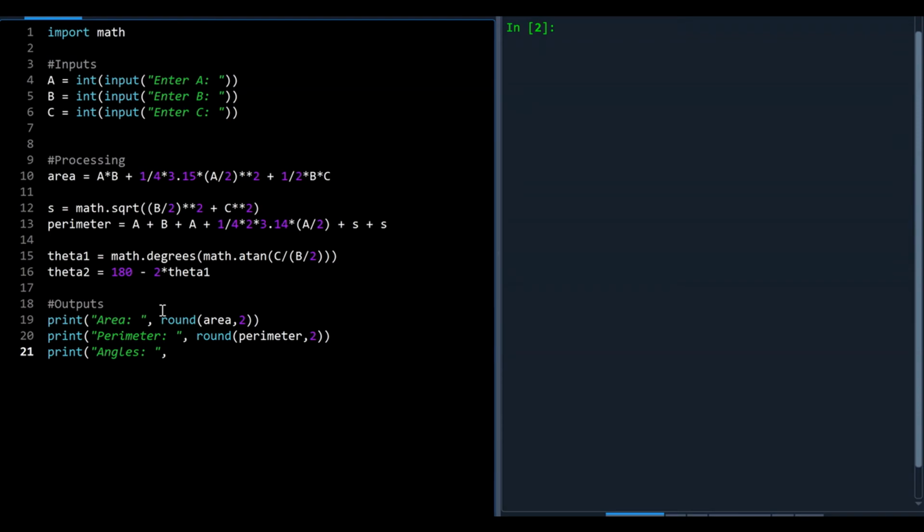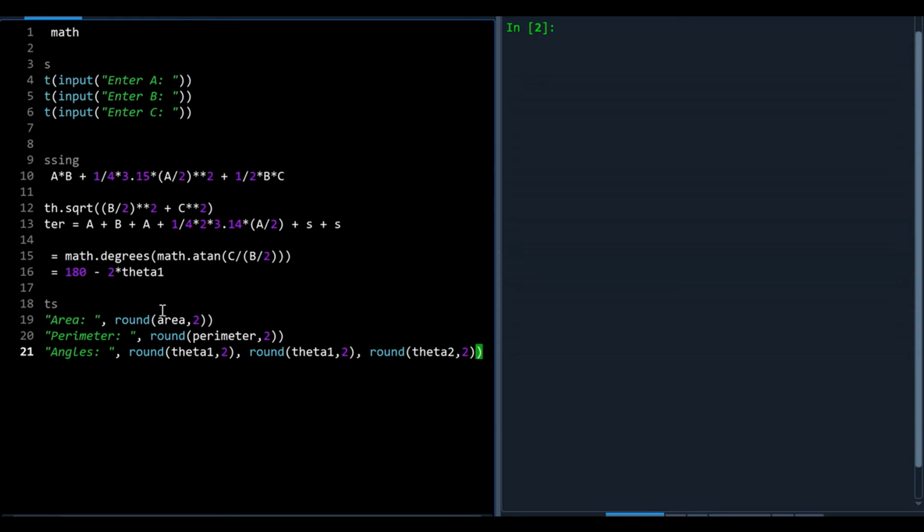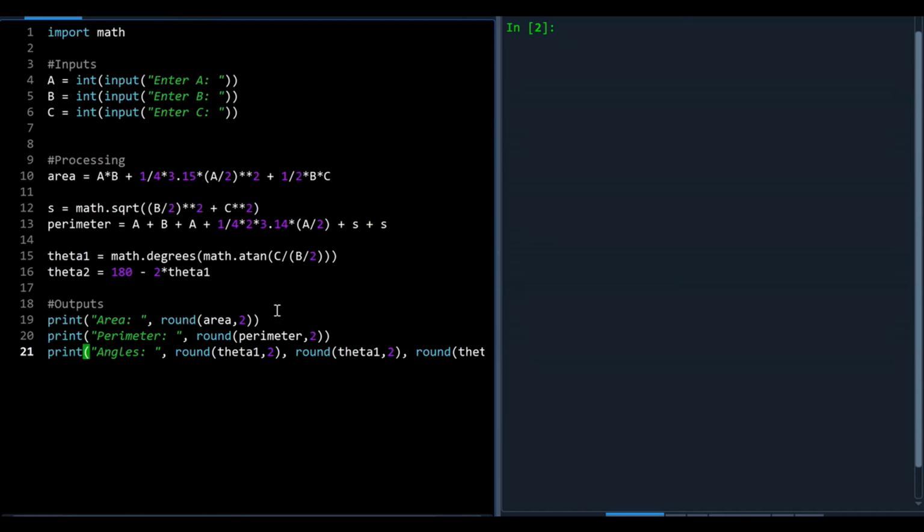So we'll round theta 1. Got to print it again. And then theta 2. Okay, so there is my final code for that.